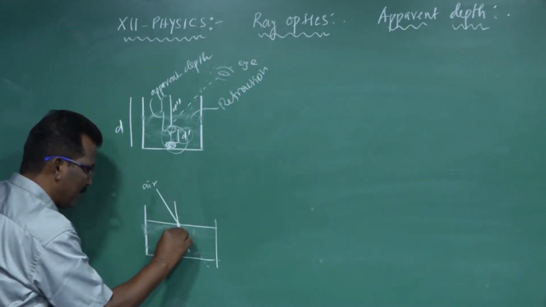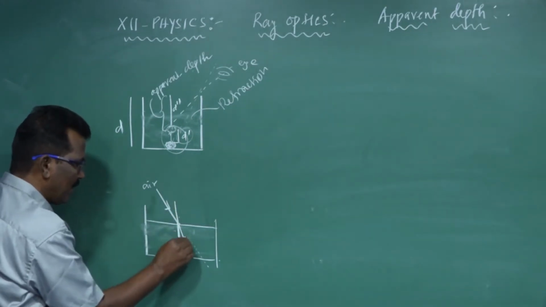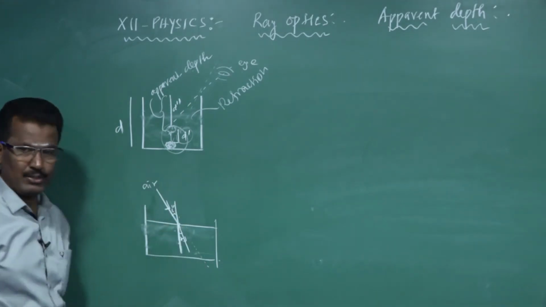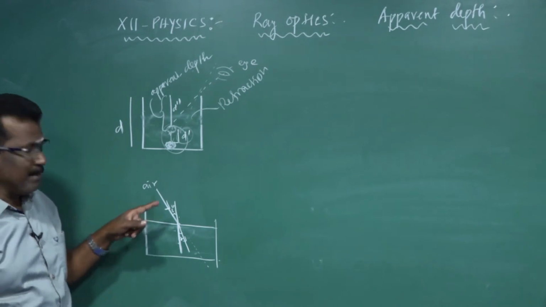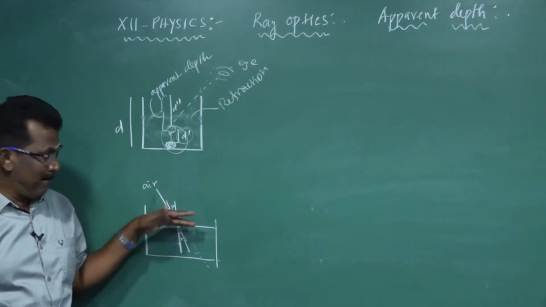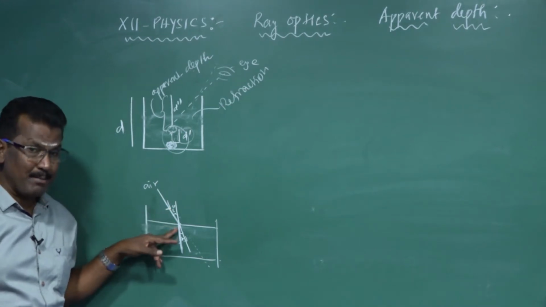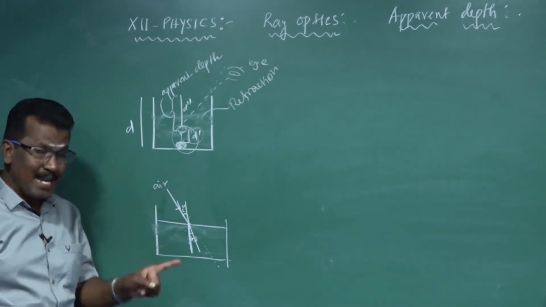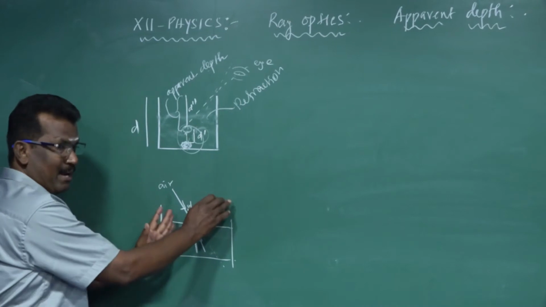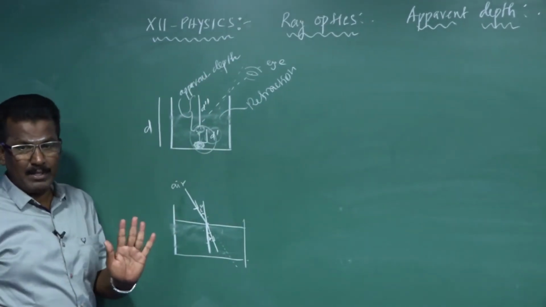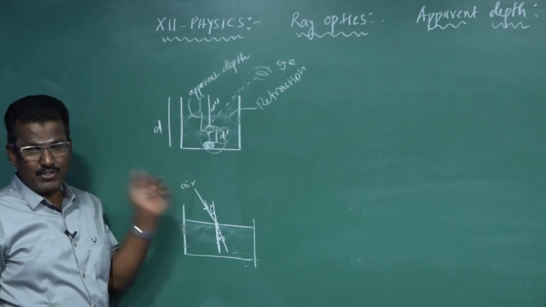This is the normal. This is the angle of incidence. This is the angle of refraction. So light coming from a rarer medium to a denser medium bends towards the normal. But when the same light passes from a denser medium to a rarer medium, light bends away from the normal. You have already studied this from Snell's law.